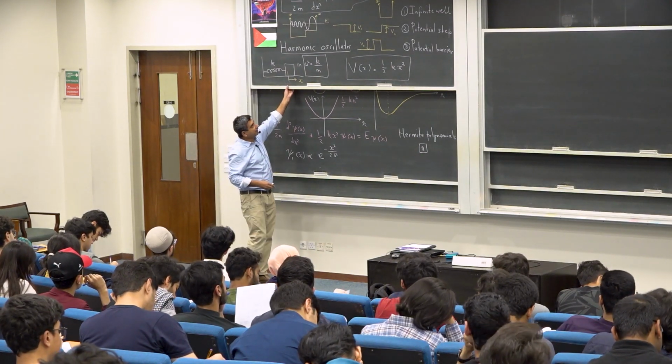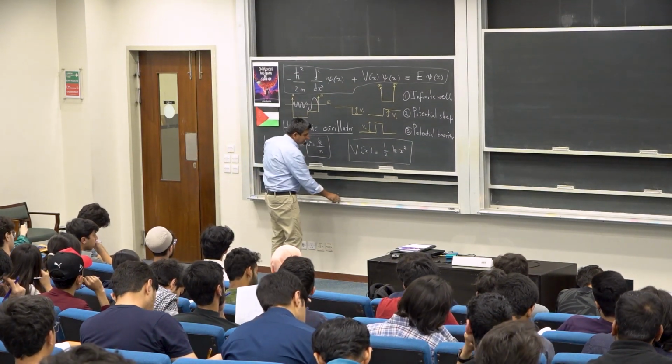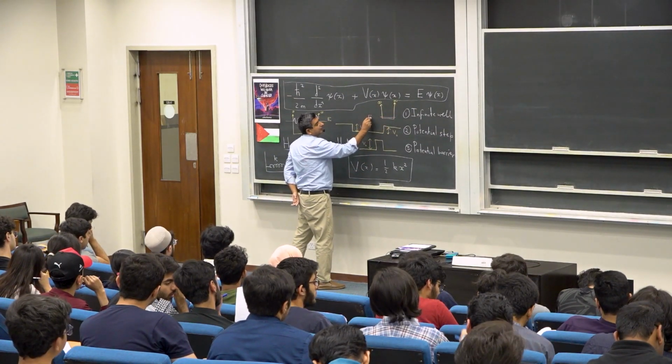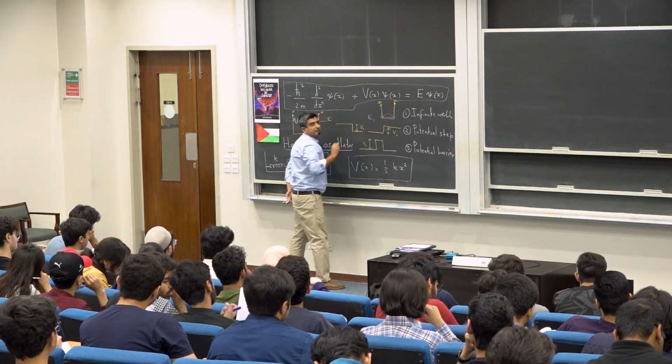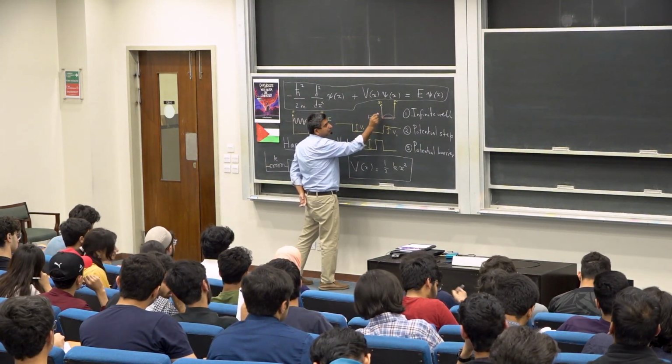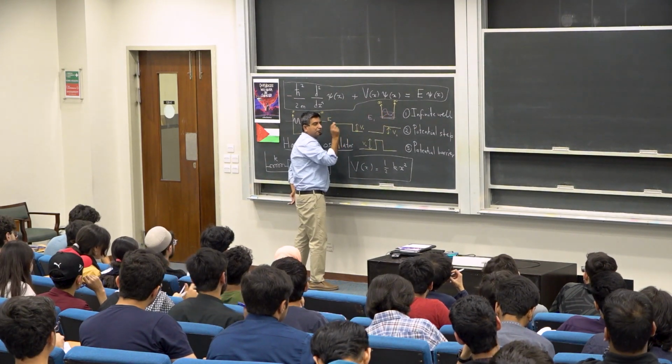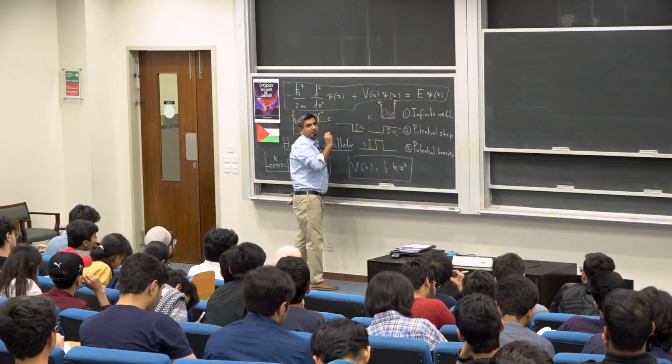In an infinite well, you might remember that there's a low energy solution E1 and a wave function associated with it. This is n equals 1. Then you have a higher energy n equals 2 wave function and an energy associated with it.